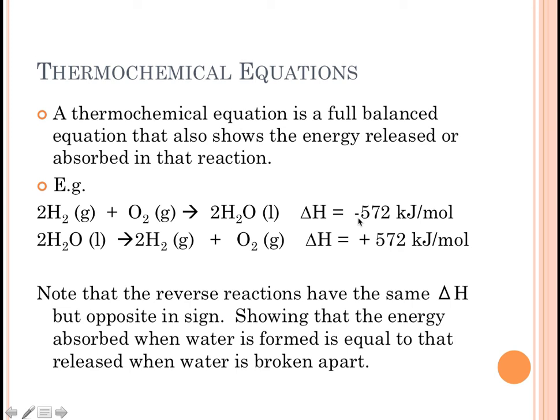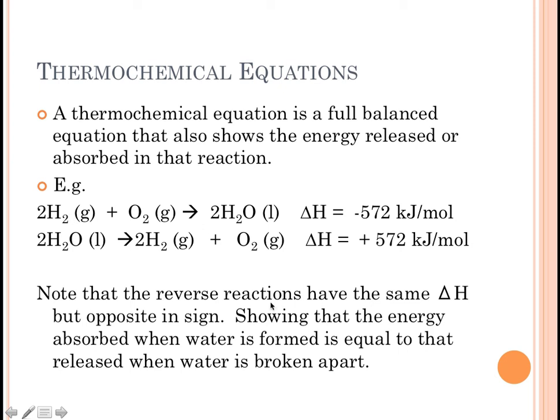So that tells us our reactants have got more energy than our products. So we are releasing 572 kilojoules of energy to the environment. And that's 572 kilojoules per mole, so per mole in this equation. So per 1 mole of oxygen, but per 2 moles of hydrogen.